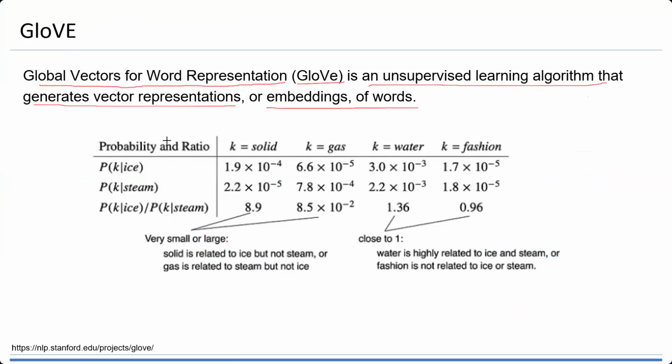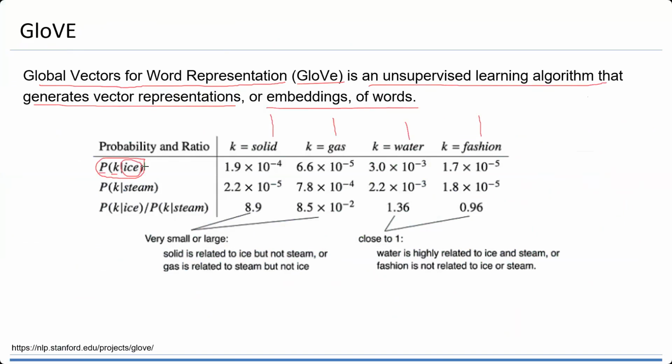So GloVe will give you a kind of probability, something like this. I want to know the probability of k, where k is any word in the column, given the word ice.